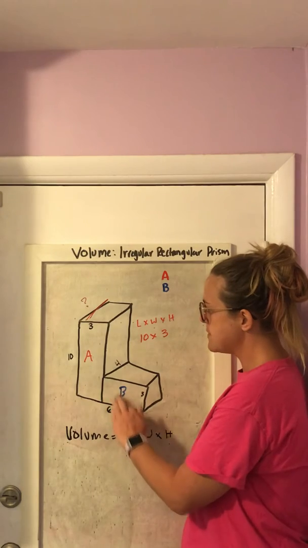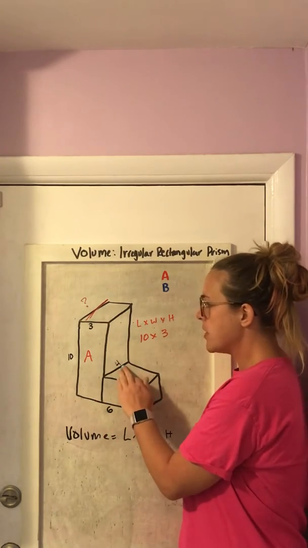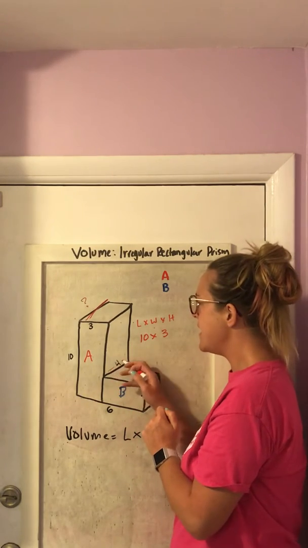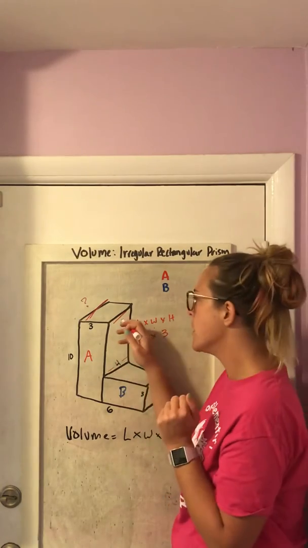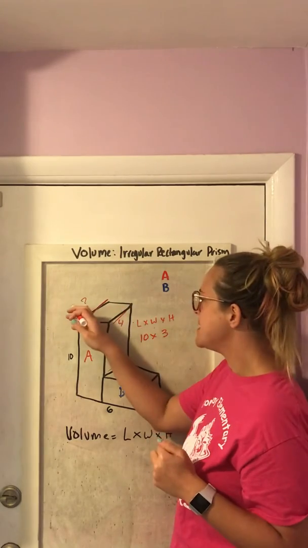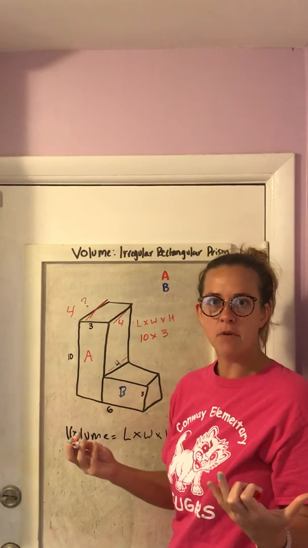So I see that this one doesn't really match anything over here, neither does this one. But when I look at this 4, I know that if this length is 4, its opposite side is also 4. So now I have my 3 measurements.